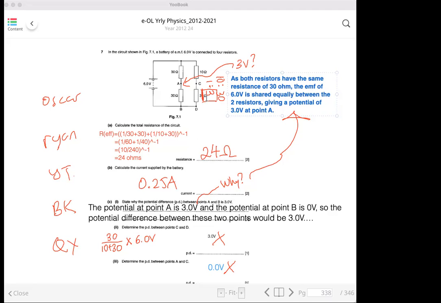So this 30 will actually take up 75% of the whole thing, and 10 will take up 25%. They are shared proportionally. The EMF of 6 is shared proportionally. Since this is 30 ohm and this is 10 ohm, the PD of this 30 ohm will be 3 times that of this 10 ohm. So you use the formula 30 over 40 times 6. You should be able to get 4.5 volt.